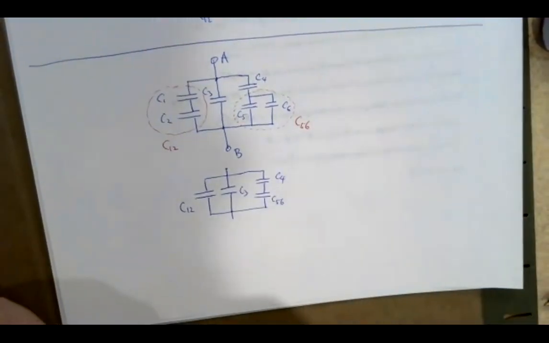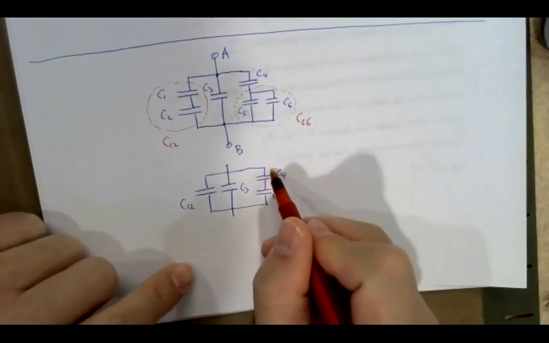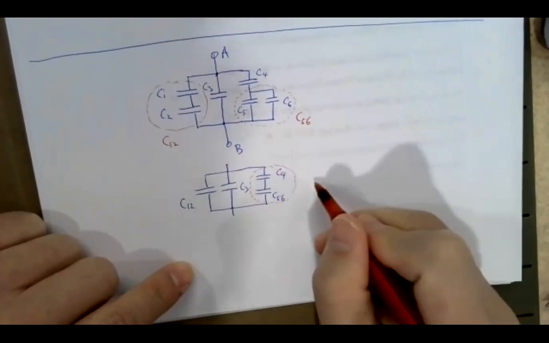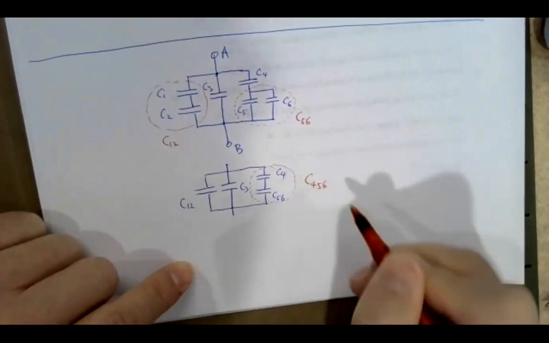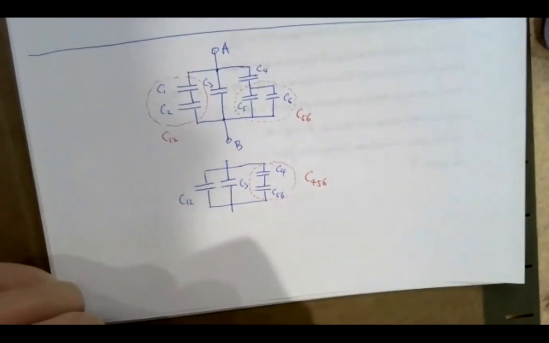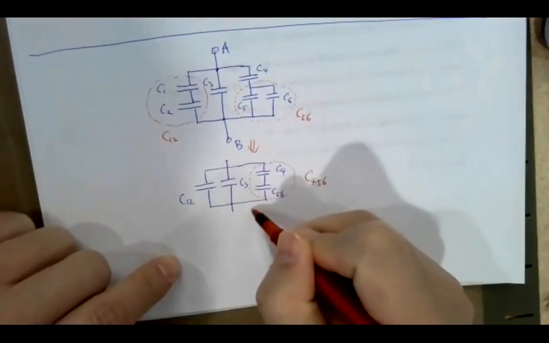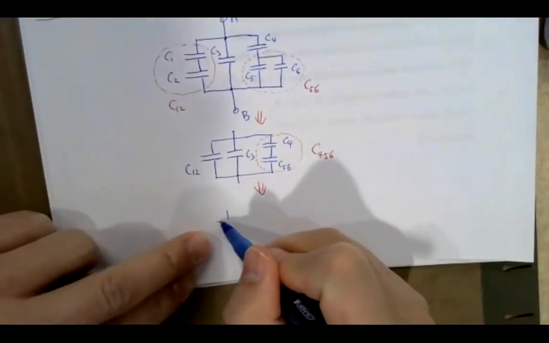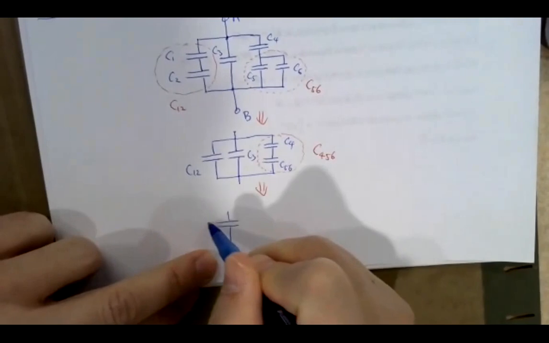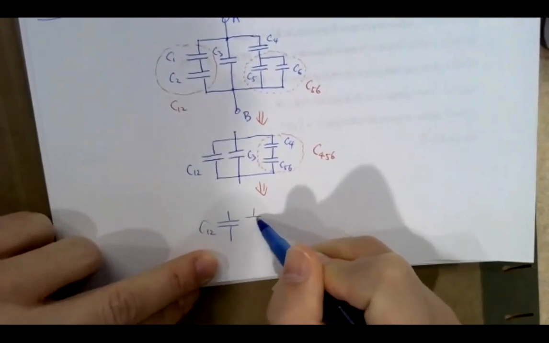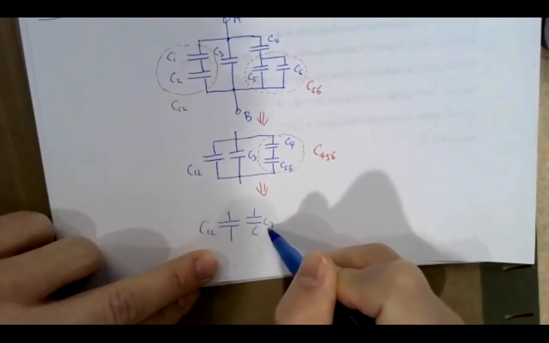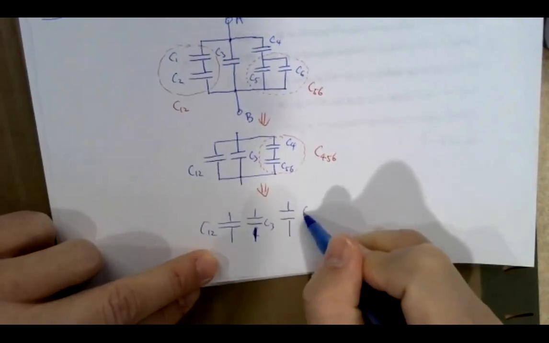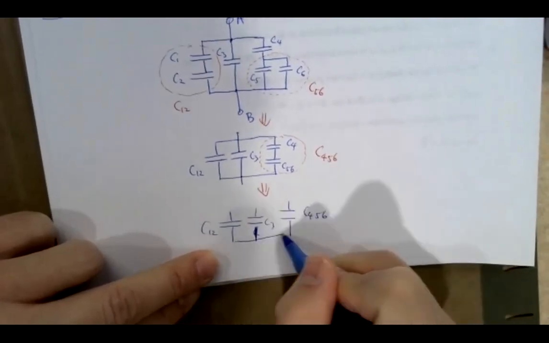In this case, you can treat these two as just one equivalent capacitor, C456. This simplifies further, and now you would have C12, a C3 here, and then a C456 together.